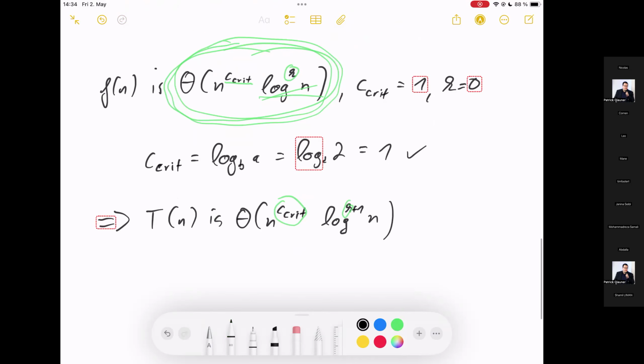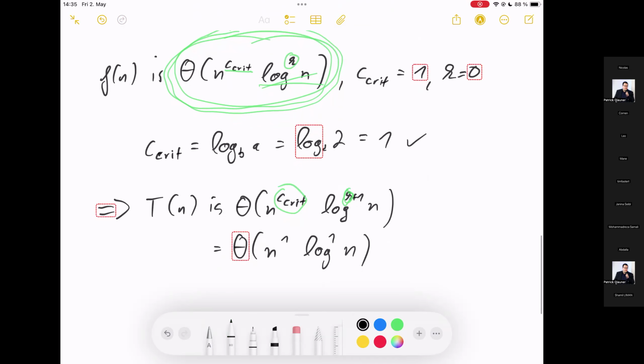So we can say that this is theta of n to the power of 1 times the logarithm of n to the power of 1, because our k is 0 and we say k plus 1. So we just remove these ones. So it's n log n.